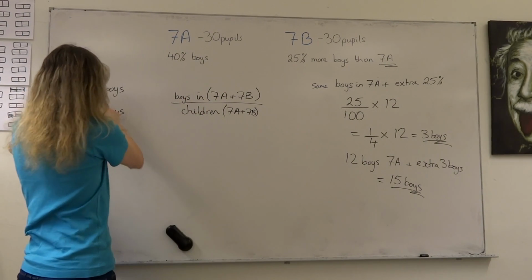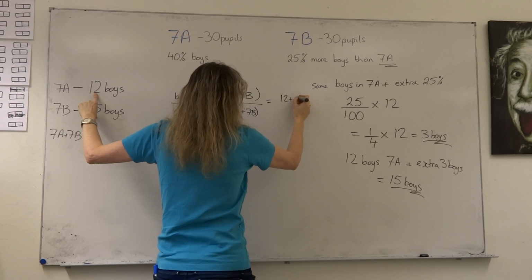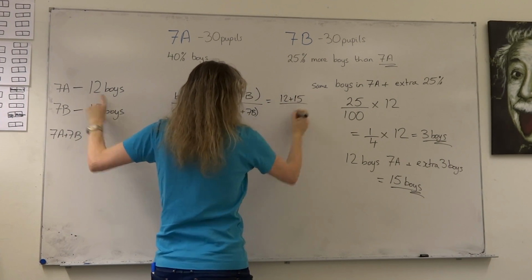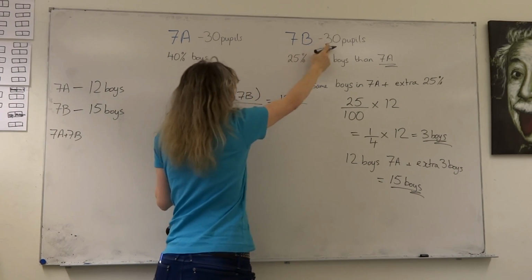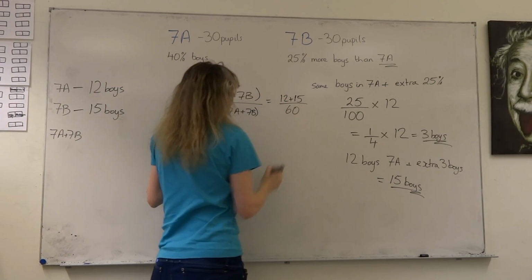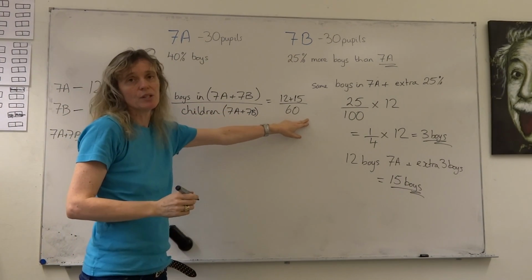What do we know? We know we have 12 boys and 15 boys, 12 in 7A, 15 in 7B. And we have 30 plus 30 in total, so divided by 60. There's 30 pupils in 7A and 30 pupils in 7B.